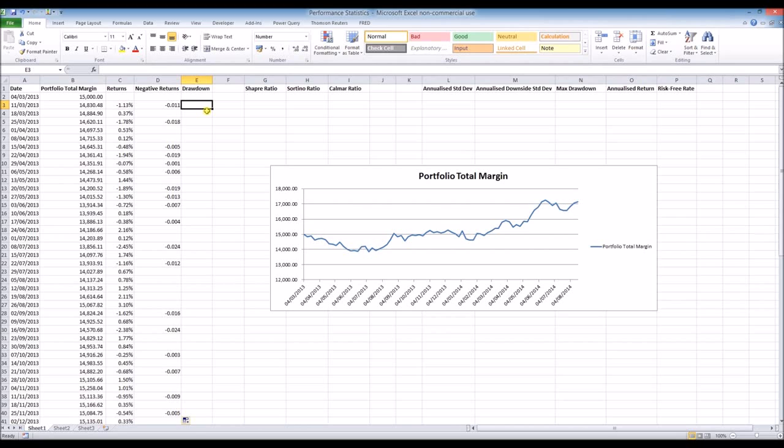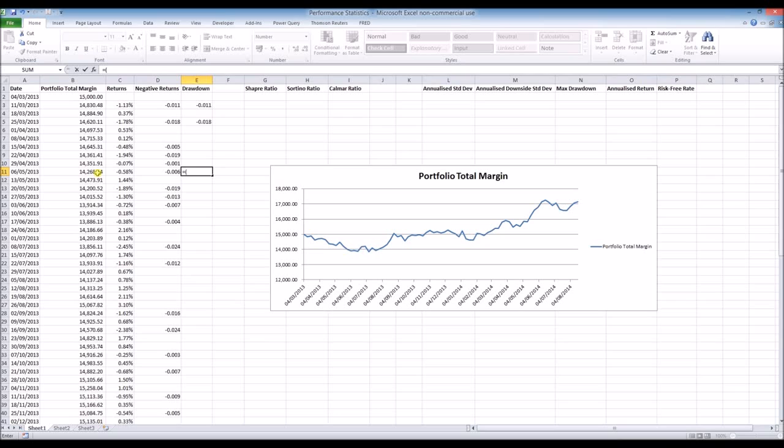From there, we can start thinking about calculating our drawdown numbers. Remember that a drawdown is the negative return over consecutive negative periods. For each negative return that's on its own, that will quite simply be the drawdown figure. But for periods of consecutive negative returns, the drawdown figure is calculated by creating another return based off the portfolio margin for the whole period.